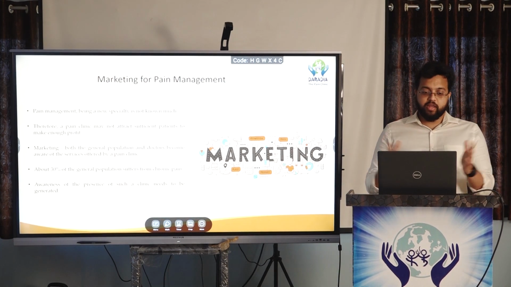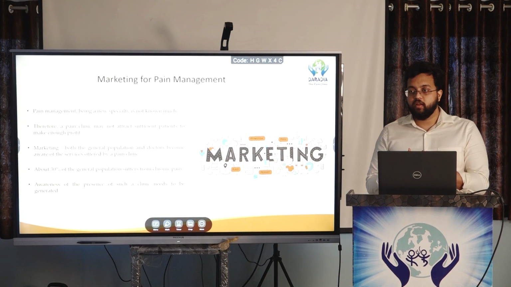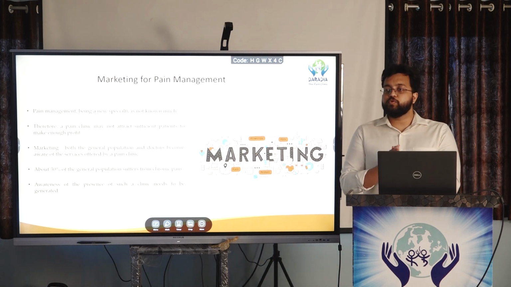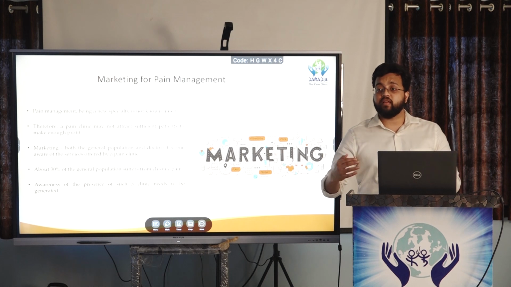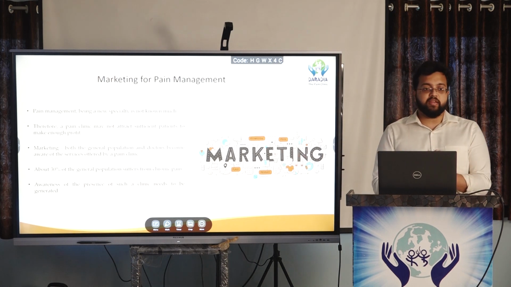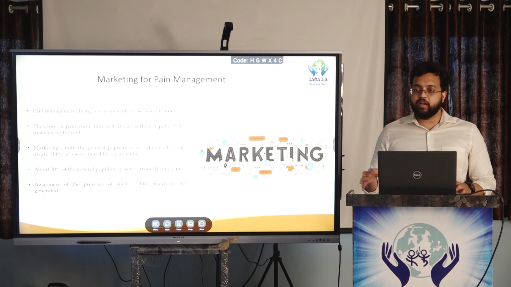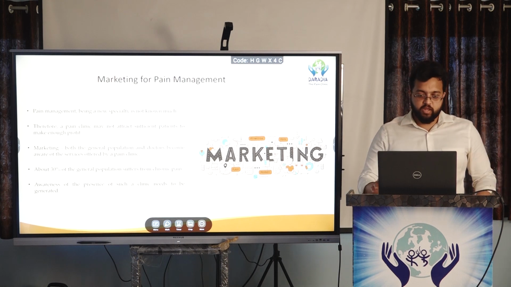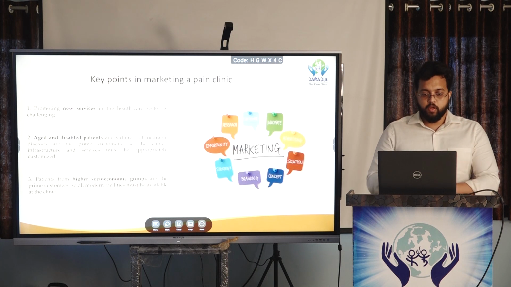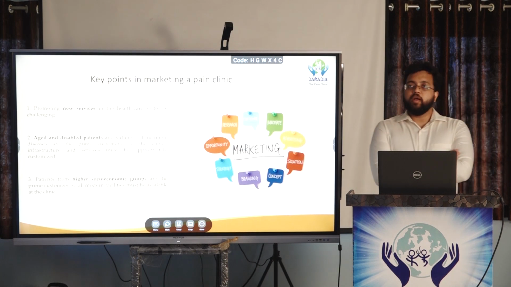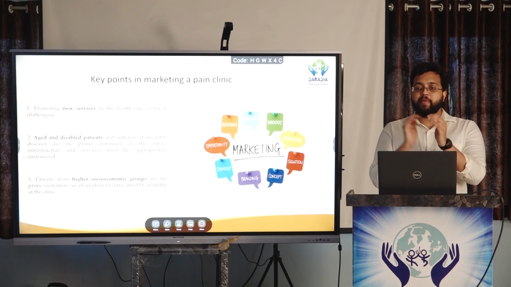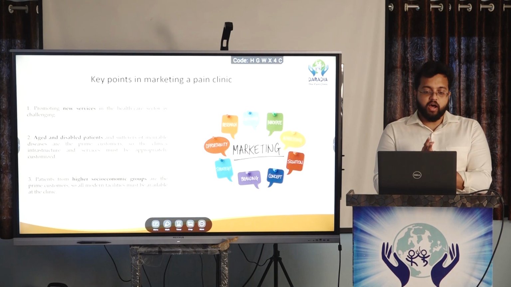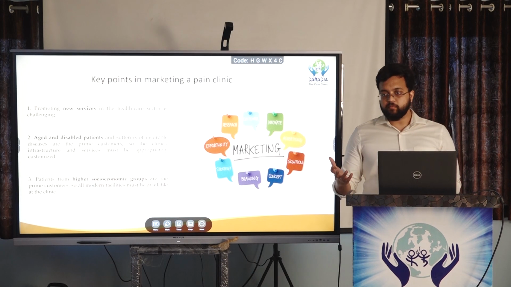What is our target market looking like? It's almost 30% of the population, right? It's a huge potential, and as we increase our standards of living, as we increase our ease of living, this is something that will be crucial for a large portion of the population. Right? So, if we look at pain management right now, I think some brackets that we can focus on are the aged and disabled.